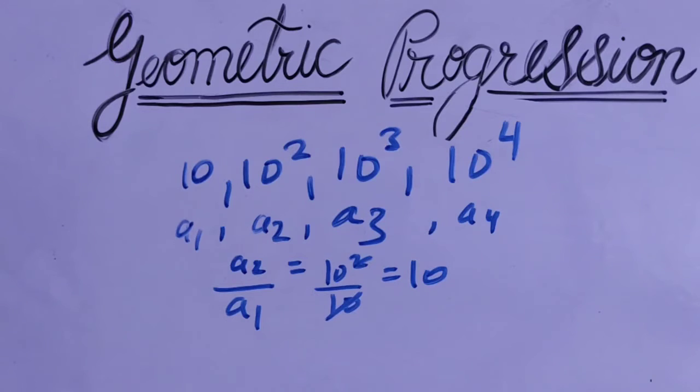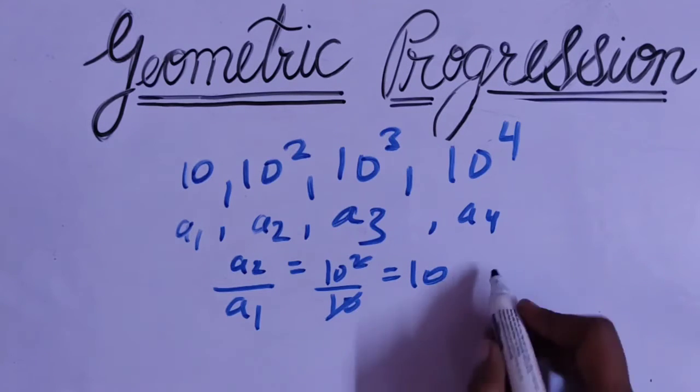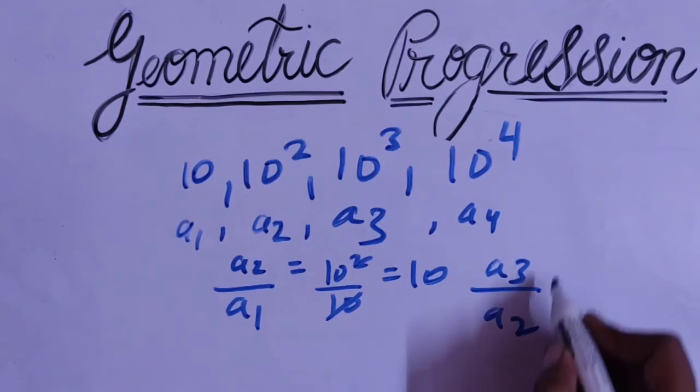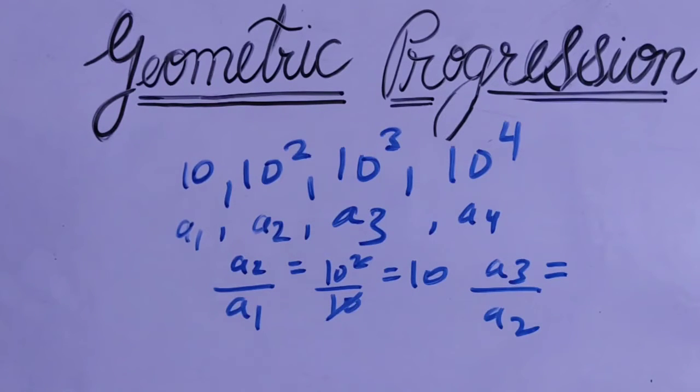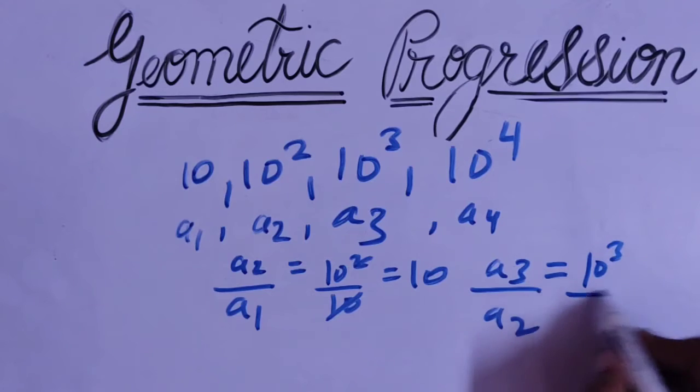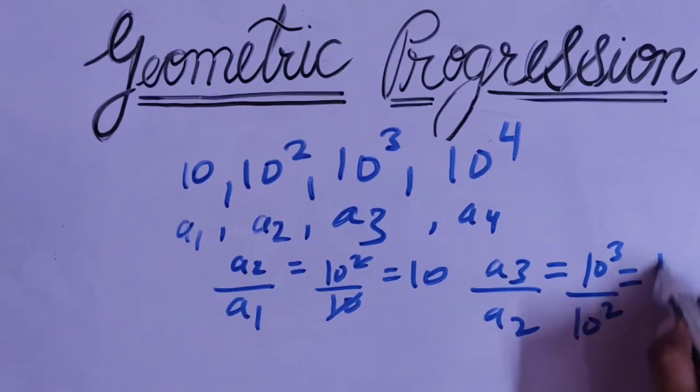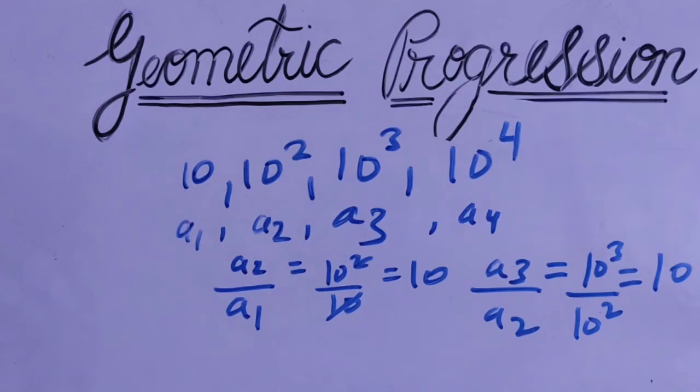Suppose I get the ratio of A3 and A2. Then what will I calculate? A3 by A2 will be equal to 10 cube upon 10 square. That means from here also I will get 10. Suppose I am calculating the common ratio of the next term from the preceding term.